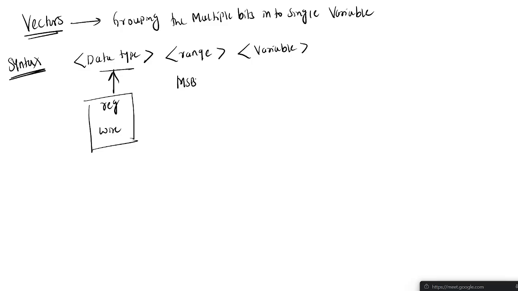Range is nothing but MSB down to LSB or LSB to MSB. Mostly we will not prefer LSB to MSB; we will prefer MSB down to LSB. And the variable is anything you can create, A or B or X, anything you can take. Is it fine?